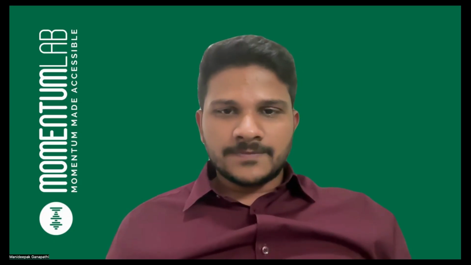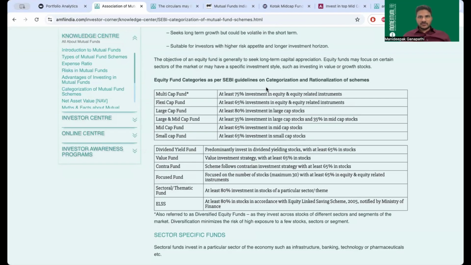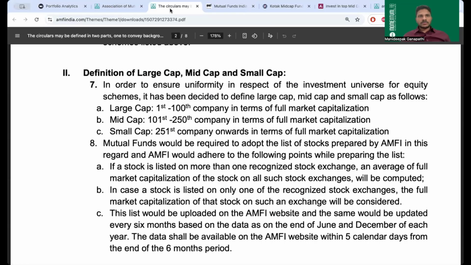So before delaying any further, I want to quickly jump into the definition of a mid-cap fund. This is the AMFI website. As you can see, a mid-cap fund is where at least 65% of the investment goes into mid-cap stocks. So let me define what mid-cap stocks are.